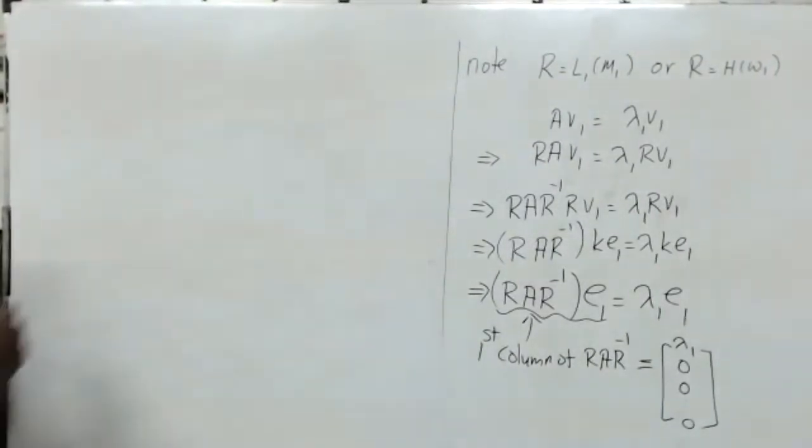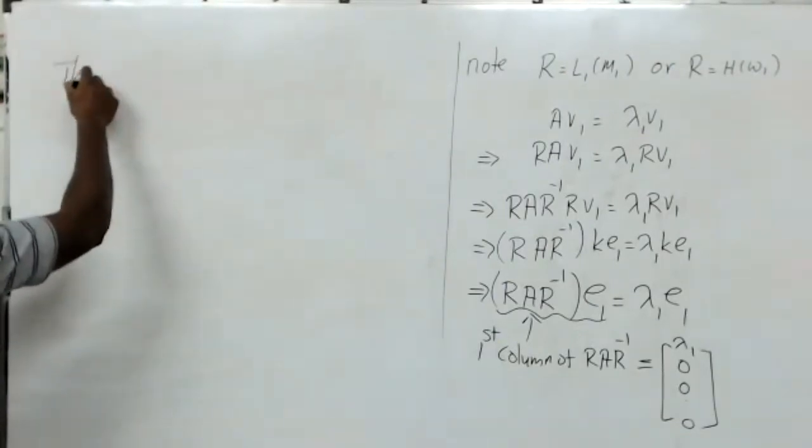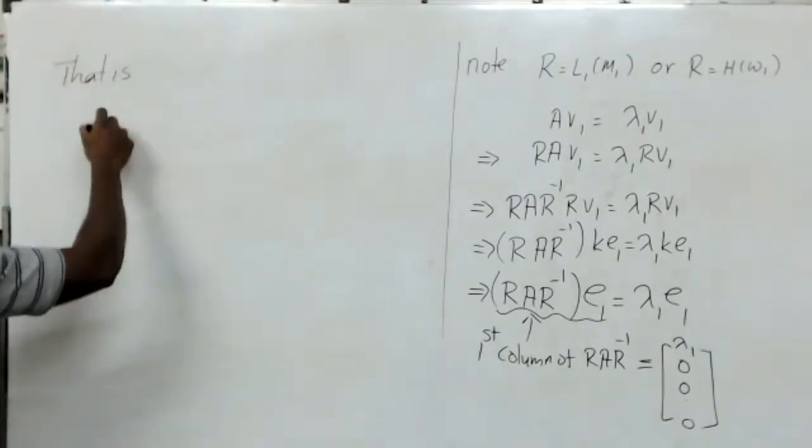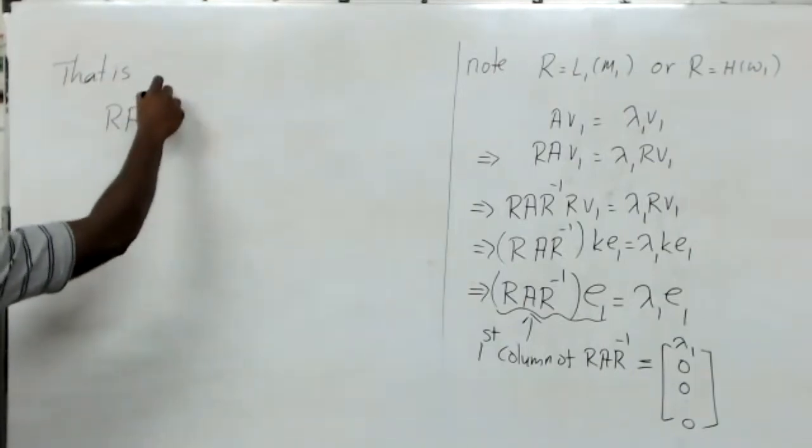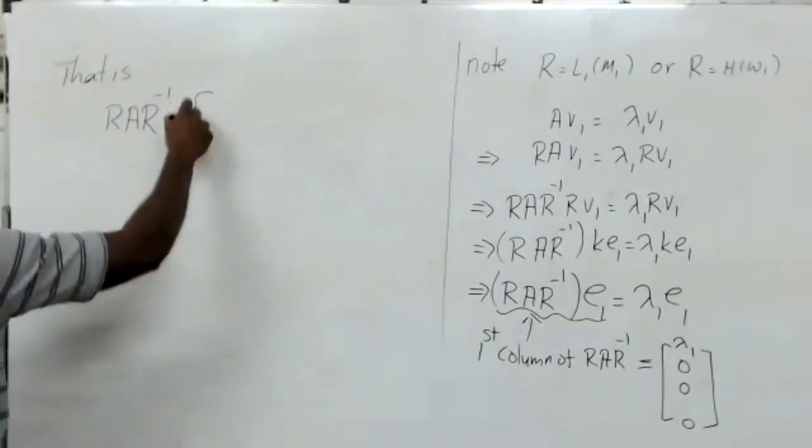So what I have is R A R inverse is going to look like this.